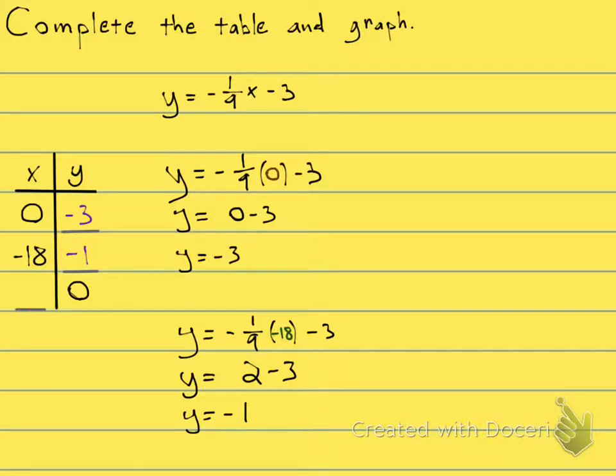And this part, they want to know what is the x value when you plug in a 0 for the y. So this one might require a little more solving. y equals -1/9 x minus 3.